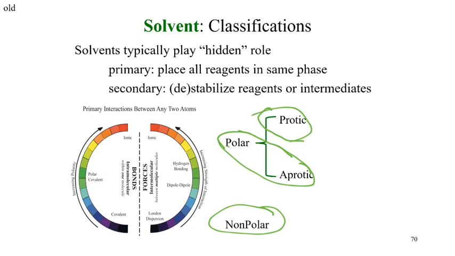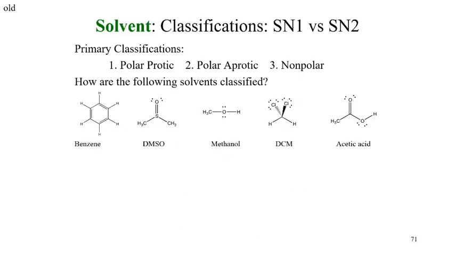And then secondary roles are largely, they're there to stabilize reagents or intermediates so the reaction can happen. But in some cases, it's a destabilization that allows us to say that that was a bad solvent, or maybe even a good solvent.